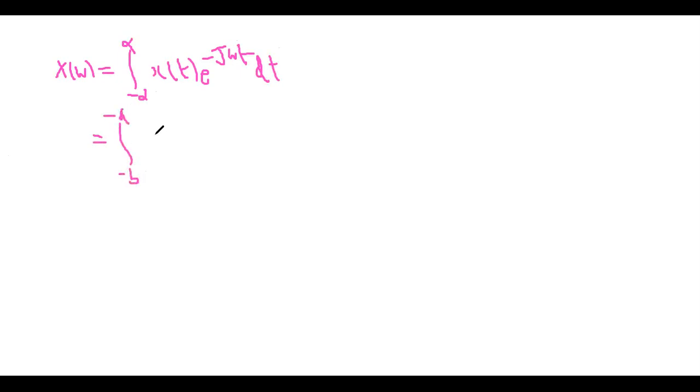see, X of omega is equal to the integral from minus infinity to infinity of x of t e power minus j omega t dt. What is the x of t here? Minus b to minus a, t minus b by b minus a into e power minus j omega t dt.